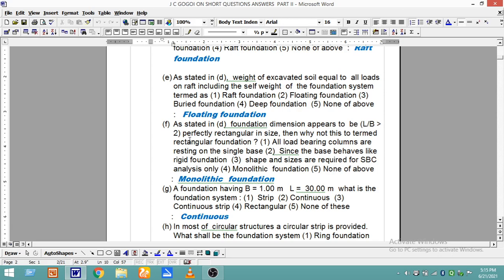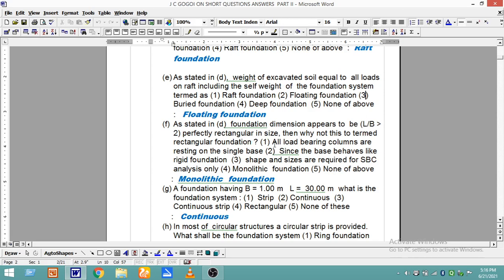Next question, as stated in the earlier question, foundation dimension appears to be L by B greater than 2, preferably rectangular in size. Then why not term it rectangular foundation?